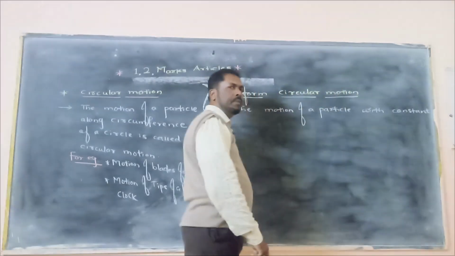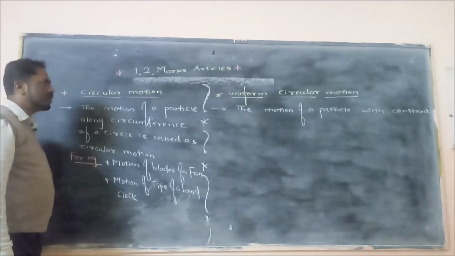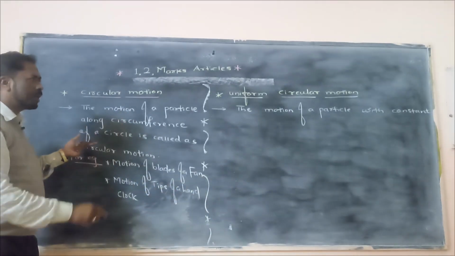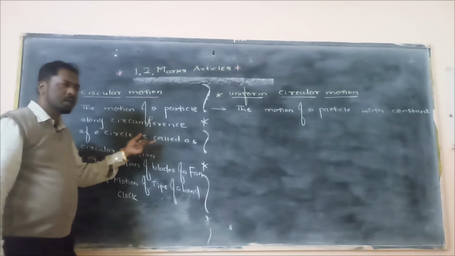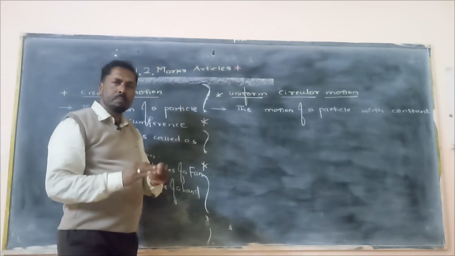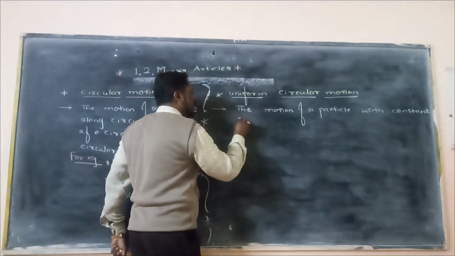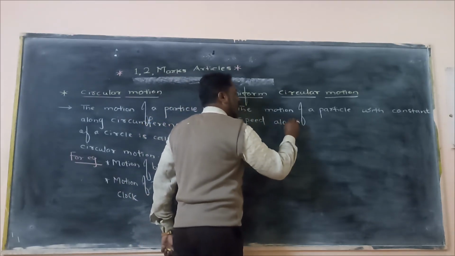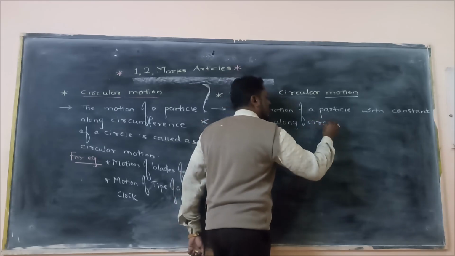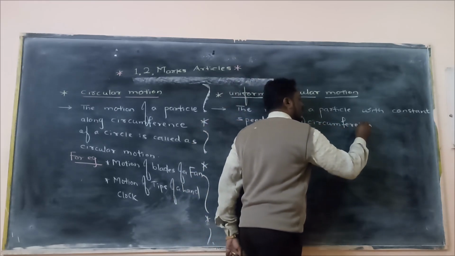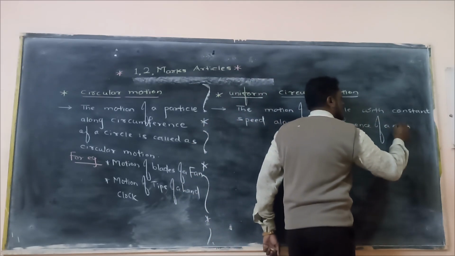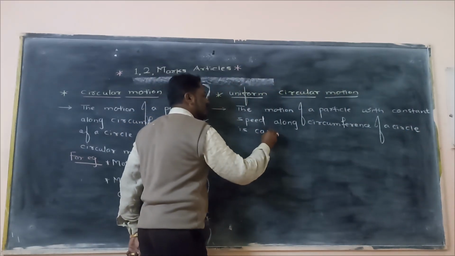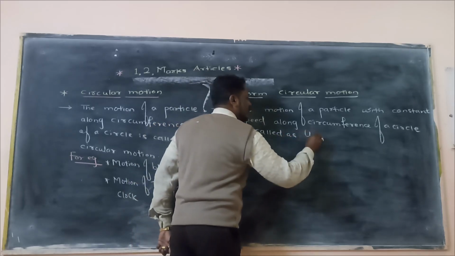You have the definition on the blackboard. Here the speed is constant, along the circumference of a circle, then it is called uniform circular motion.